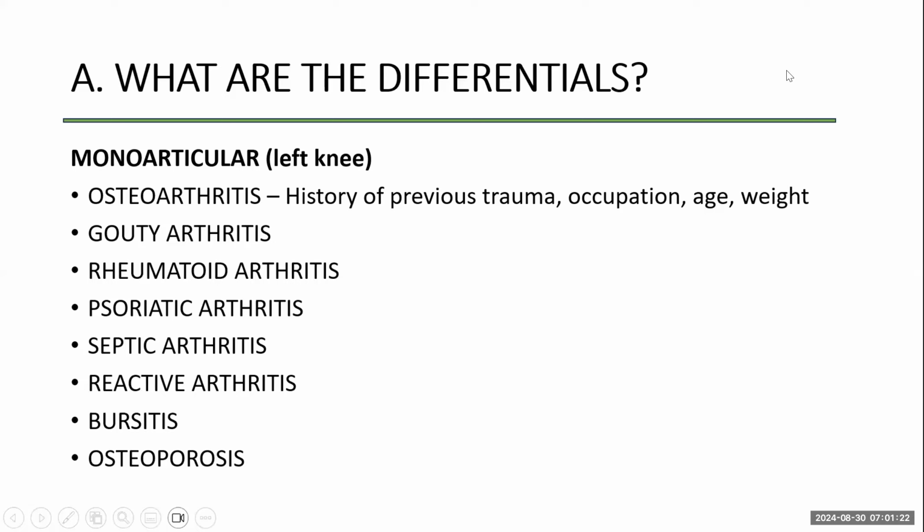So this patient actually had a left knee which was swollen with associated pain, on only one joint, so we are thinking more of a monoarticular pathology. Also, given this man has a history of previous trauma and his occupation as an ex-footballer, which is a sporting activity with contacts or repeated injuries over time, then his increasing age and weight.